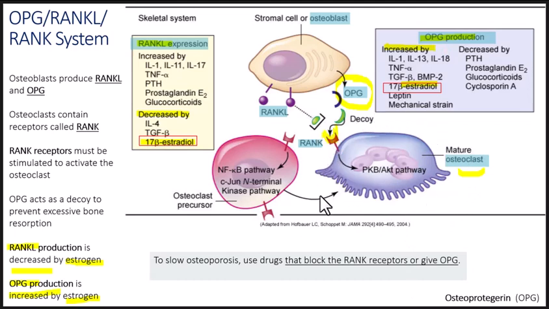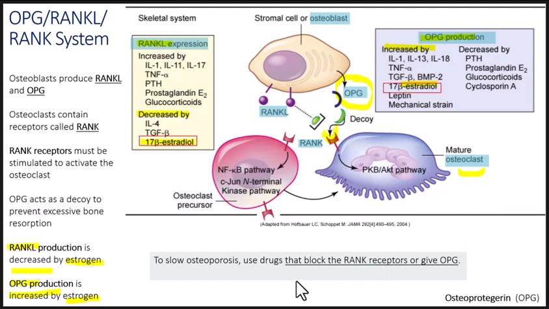Just to remind you again, the reason for that is because we're producing more RANKL, which we know stimulates osteoclasts to begin bone resorbing. We know there's going to be less OPG, which blocks that site for RANKL. And if there's less of this, there's less blocking and therefore more osteoclast activation. And so with this increase in osteoclast activation, more bone is going to be broken down than it is built. We've sort of lost the control mechanism.